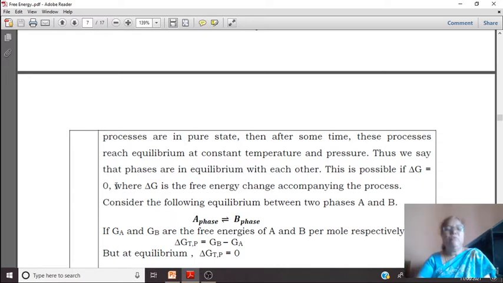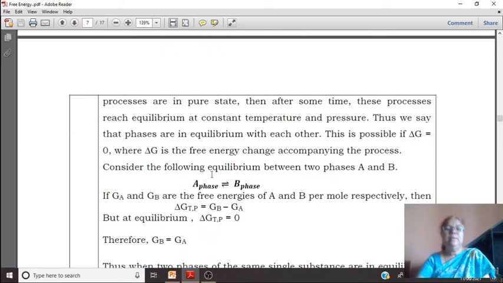That means the free energy of the initial state and the free energy of the final state are the same. The phases are in equilibrium with each other only if delta G is 0, where delta G is the free energy change accompanying this process.